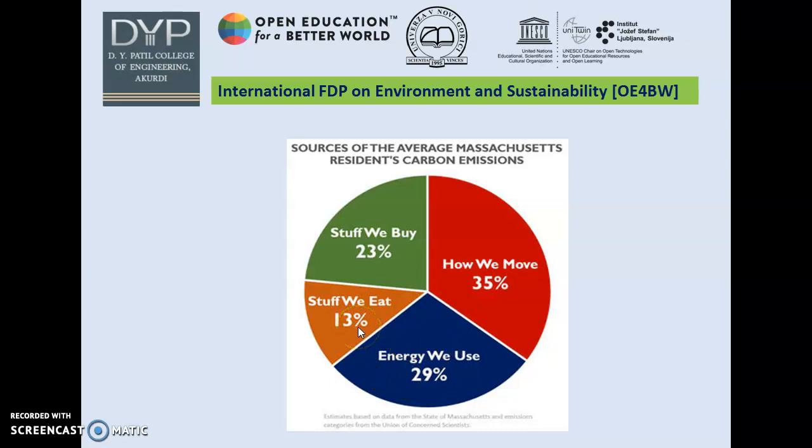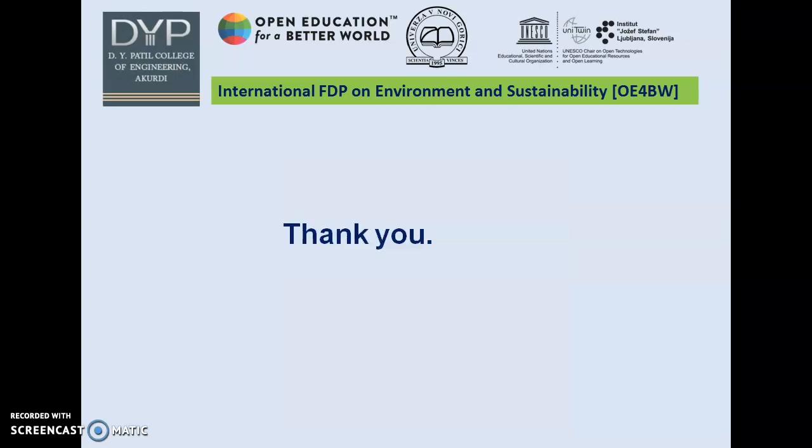Stuff we eat: that means how we are cooking, whether we cook using microwaves, gas stoves, biomass gas or methane gas, different parameters. With this also 13% of carbon is emitted. And stuff we buy: depending on what things we are purchasing, the emission of carbon into the atmosphere will also depend. Thank you.